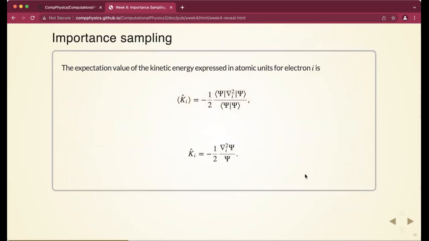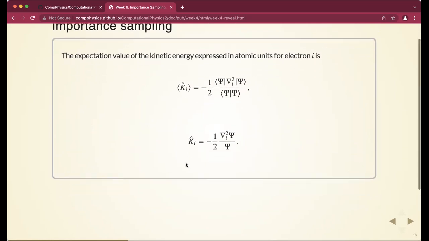Then we have the other quantity where we need to pay attention. We need the expectation value of the kinetic energy, and in this case, the i here stands for one particle. It could be an electron, it could be a boson. We need to optimize this ratio as well. When we calculate the local energy, that will contain the sum of the kinetic energy for all the particles.